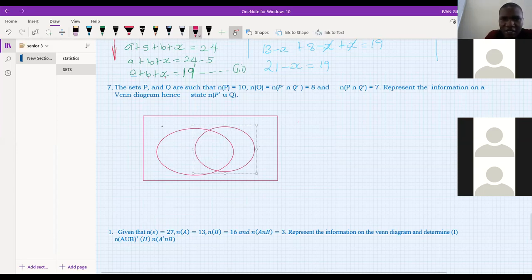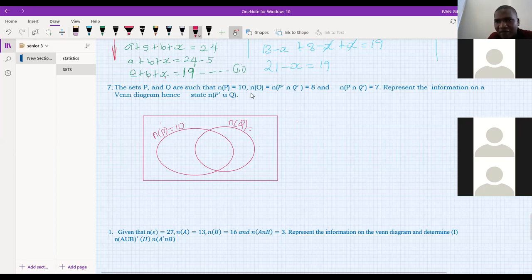So if this is our set P, did they give us the number of elements in P? Yes, they are 10.